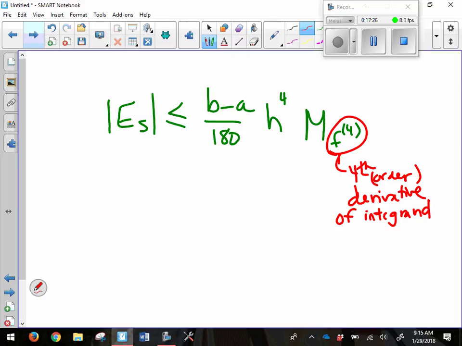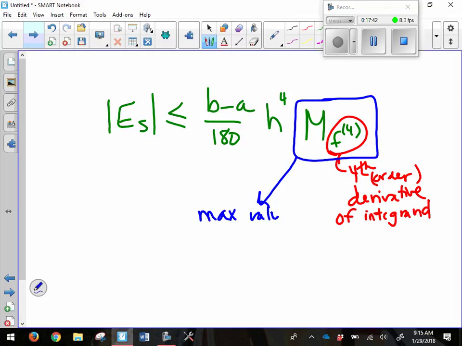All right? So the other part is what that capital M is. So this whole thing means the maximum value of the absolute value of the 4th derivative on [a, b].